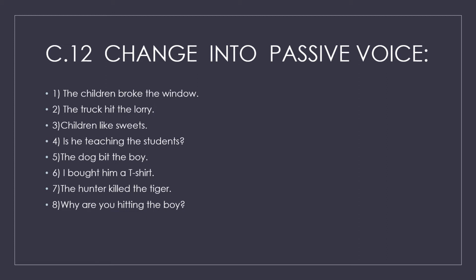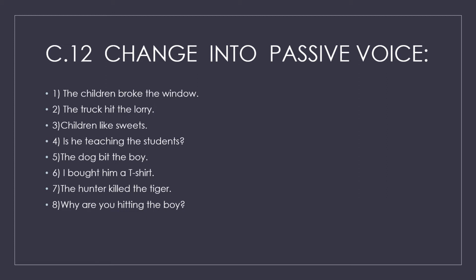Now C12: change the following into passive voice. You have to see these and change them into passive voice. Are we ready with our answers? We have to be very alert and attentive when we are doing corrections, because madam is not correcting your work. You are doing self-correction and it has to be done properly.